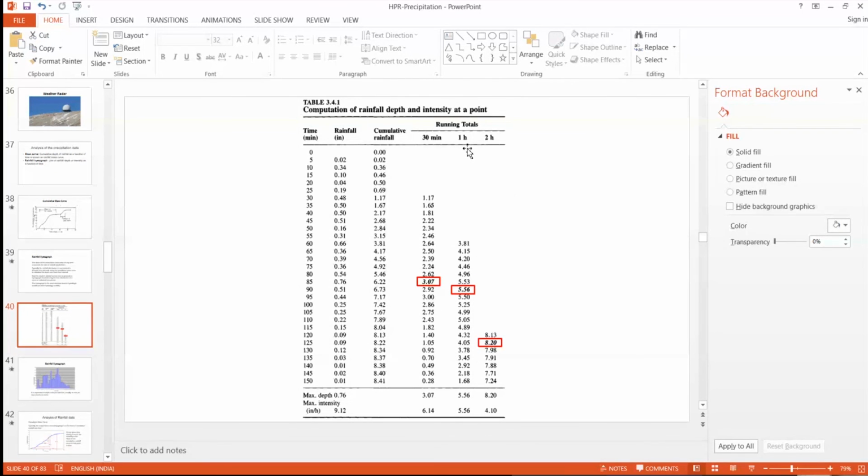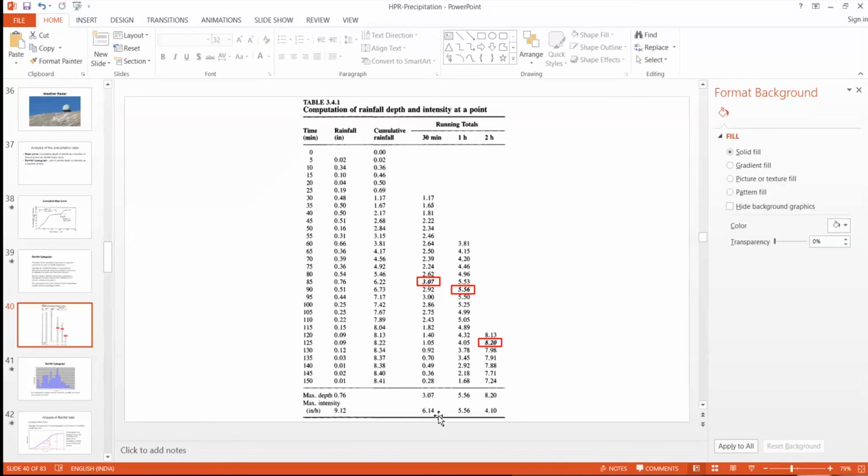Similarly, for the 1 hour interval, 5.56 divided by 1 hour is 5.56. For the 2 hour interval, the maximum rainfall is 8.20 divided by 2 hours, that becomes 4.10.